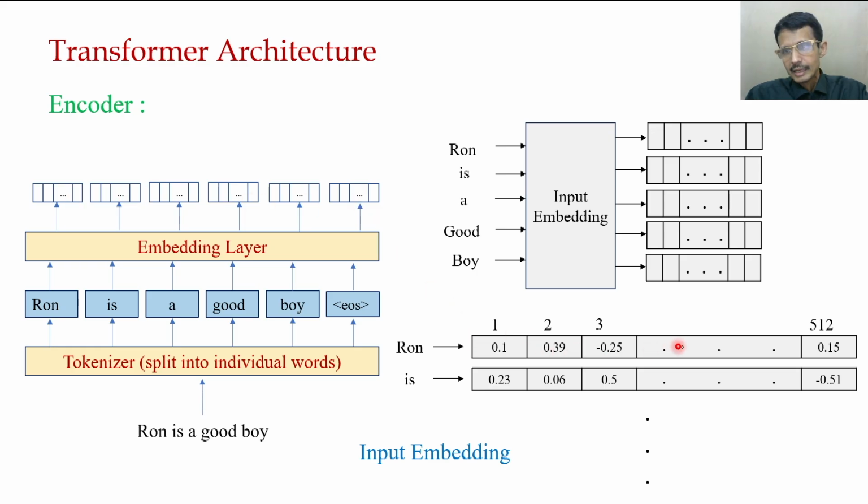You can see that a 512-dimensional vector is given to each token or word, and this one is also 512. So input embedding basically gives the corresponding values for this sentence.